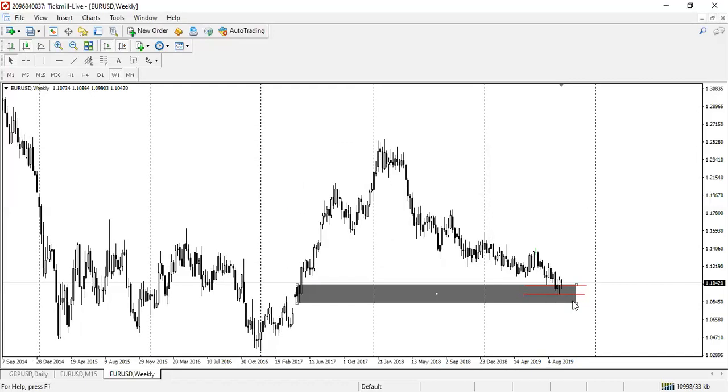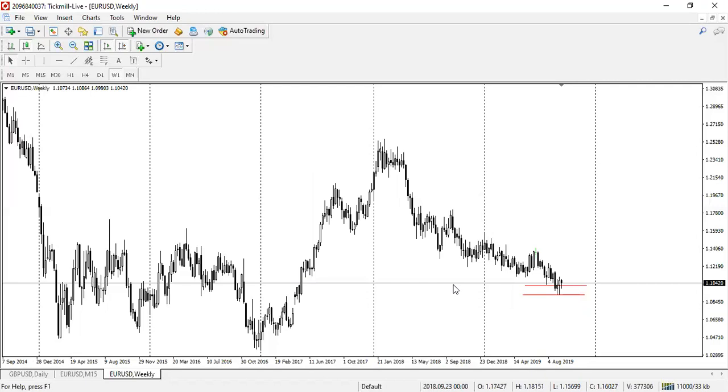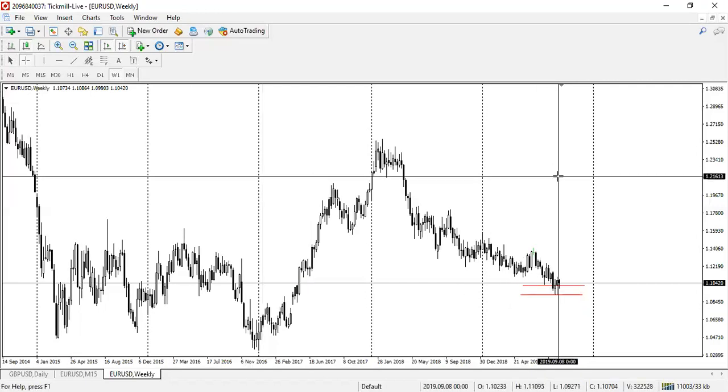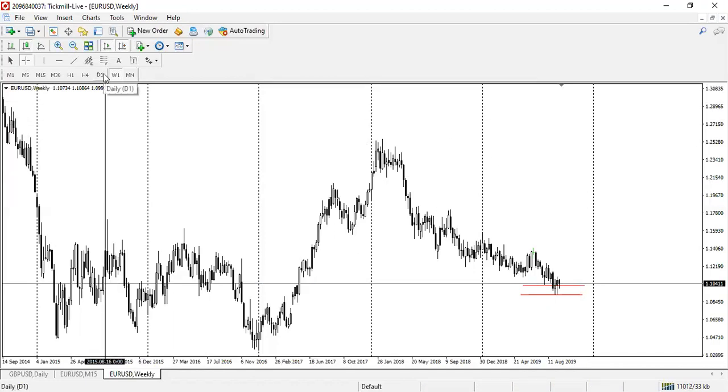Okay. So again, I insist that we are here. We don't see this candlestick here. We are here. Today is the 10th of September. Please make that assumption. We go down to the daily time frame.